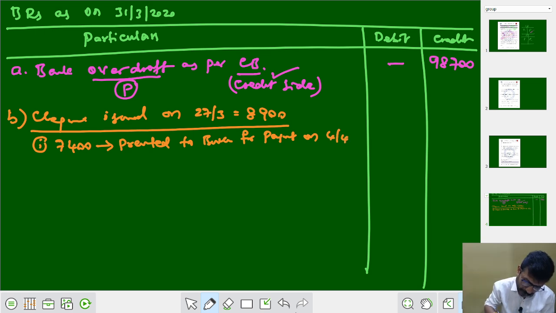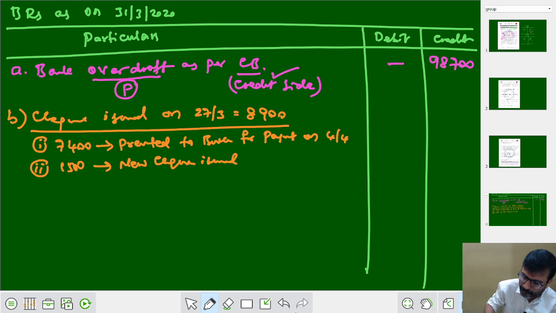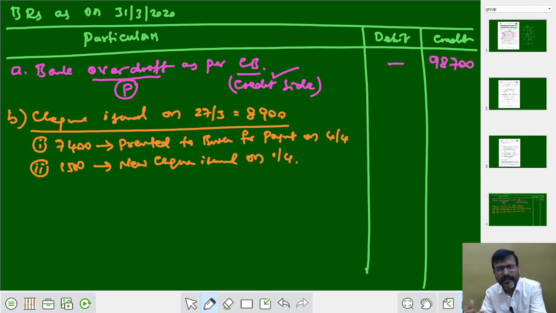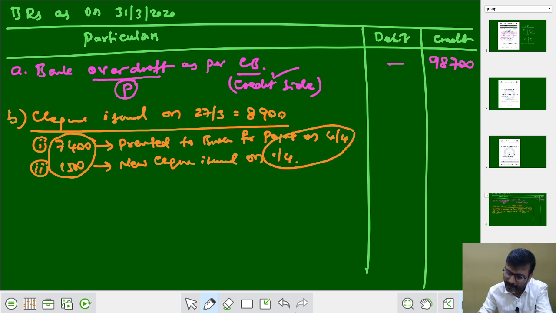Another check. What happened, my dear kids? Another check, 1,500, new check issued on 1st April. Why is the new check issued on 1st April? He returned it back to us, so we have given a new check. So now both the things happened when? Happened in the month of April.